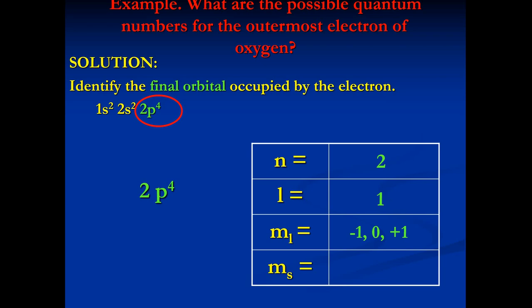The question didn't say maybe the 5th electron or the 10th electron. Are you getting my point? So we are expecting to have 3 different values. Then the next thing is the spin quantum number, which is also going to be plus half and minus half.